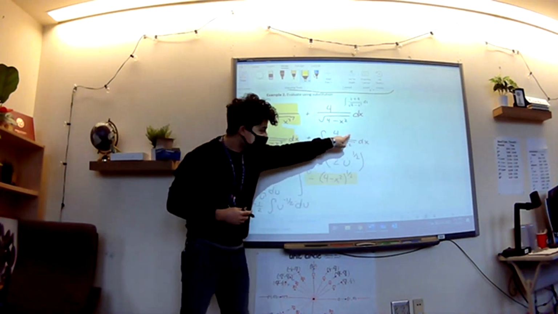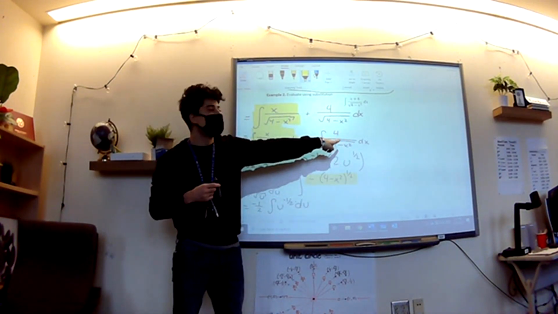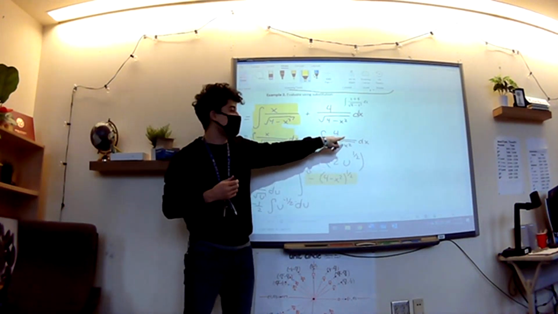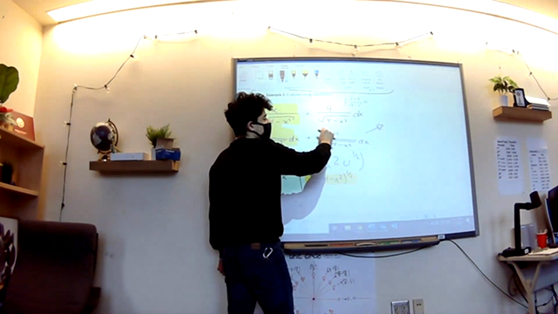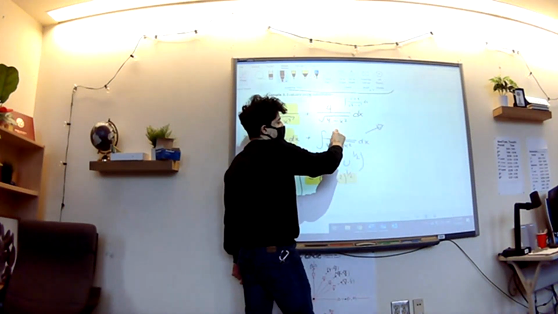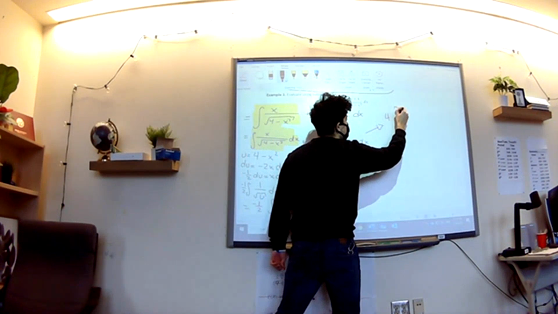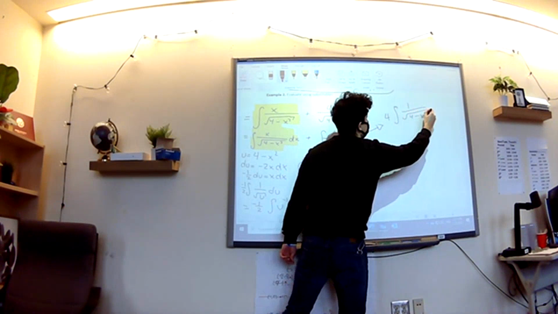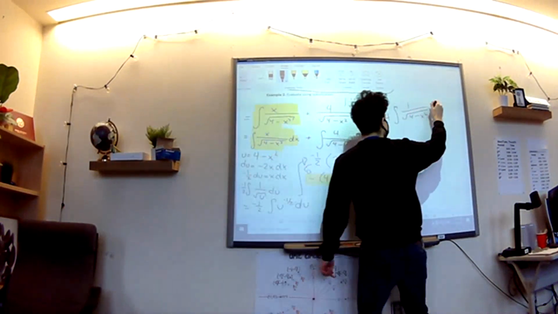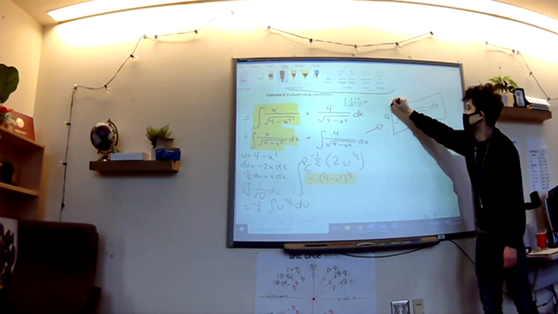Okay, now this one, does this look familiar? Maybe it doesn't look familiar as is, but if you pull out this 4, then it becomes 4 times 1 over square root of 4 minus x squared dx. It was just 4 times exactly what we did at the beginning of class.